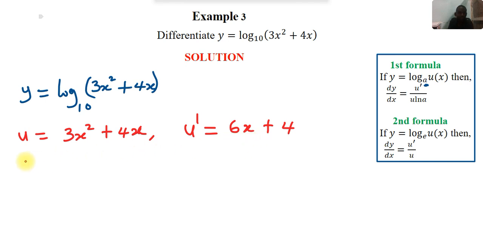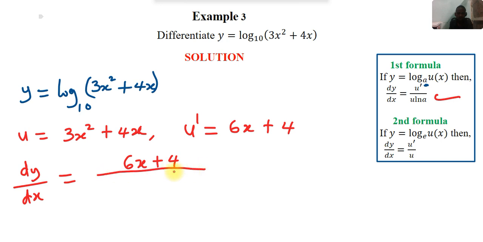So we are going to take our dy/dx now, and that will be, according to the formula, we are going to use the first one in this case. So we have u prime. What's u prime? That's 6x plus 4 over u. What's u? We have 3x squared plus 4x in brackets. Now there's something special here.